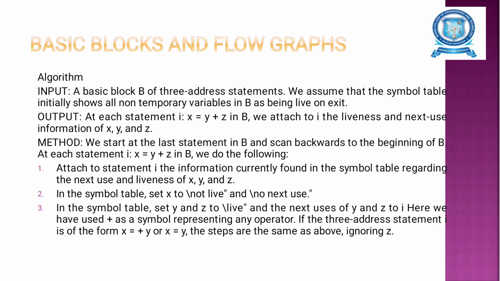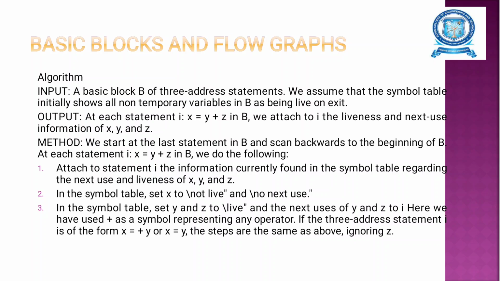Now the algorithm for finding next use information. Before that, we need to know the liveness of the variables. Here is how to find liveness and next use information by the algorithm.